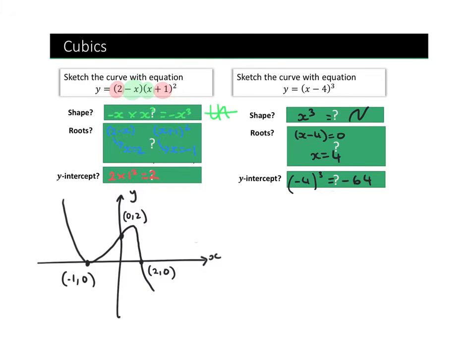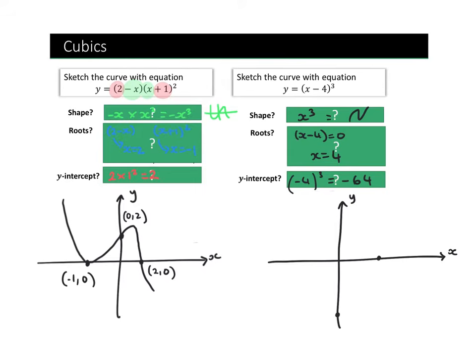Now, these types of graphs are a bit more difficult because it has one repeated root. Okay, so this has one solution and the solution is at 4, roughly here. And let's say this is minus 64, okay?